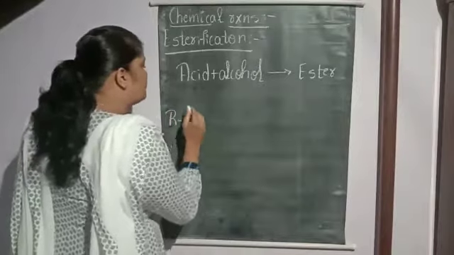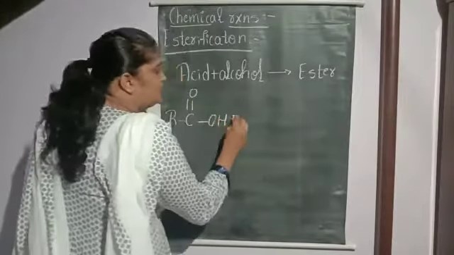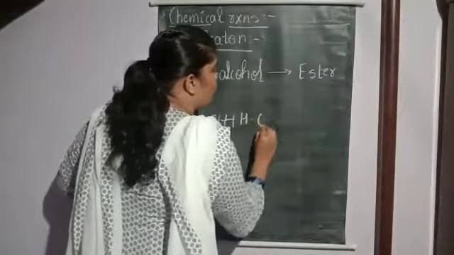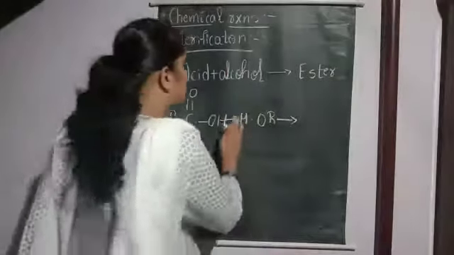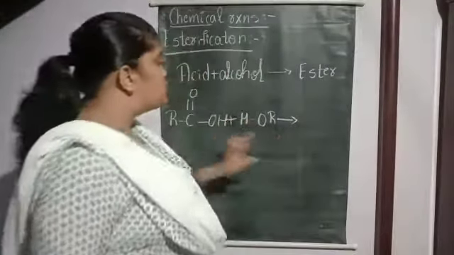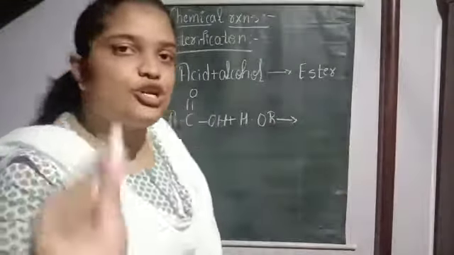First is acid. How do we write? R, C double bond O, O, H plus alcohol, H, O, R. So this is how we write. Alcohol I have written in the reversible manner, but it means the same. Now whenever I combine this with alcohol, what do we get? Ester. Now how do we get that?